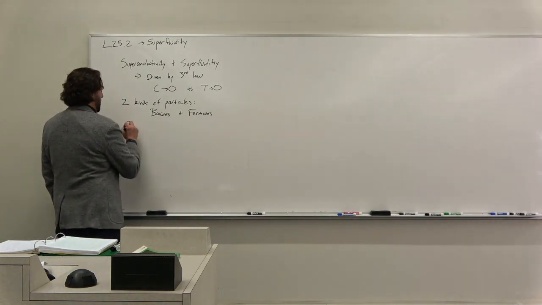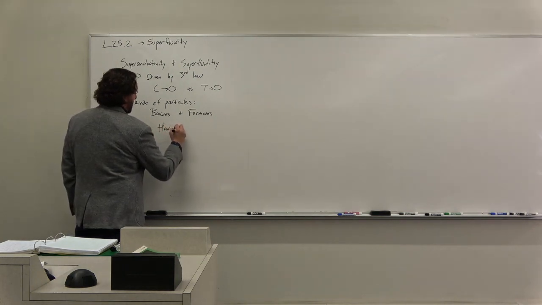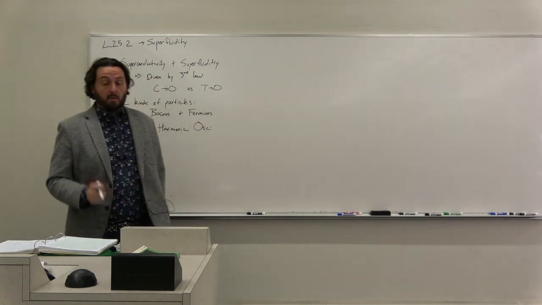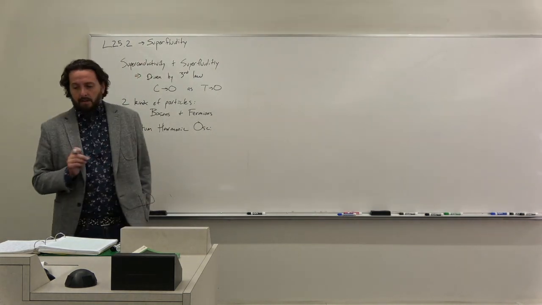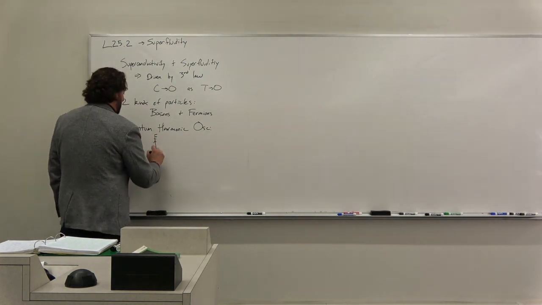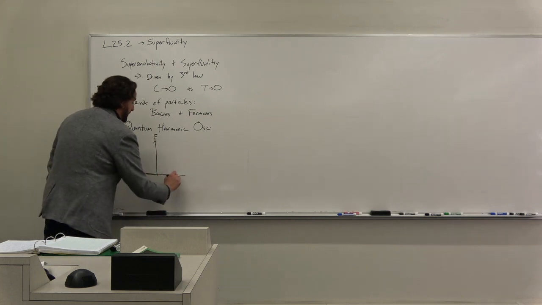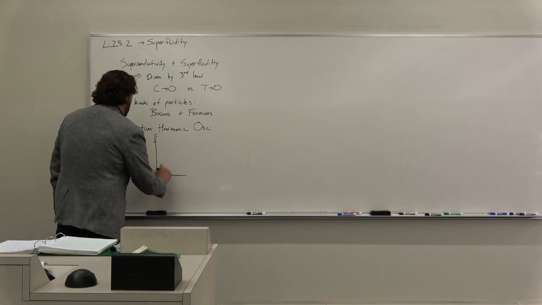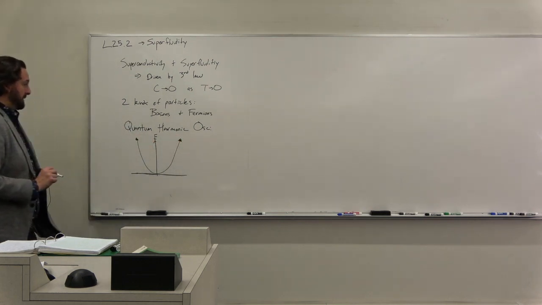Okay, so hopefully in second year physics, or in quantum, you did the quantum harmonic oscillator, and you remember that the energies versus whatever variable, say position, have a parabolic energy distribution, right?